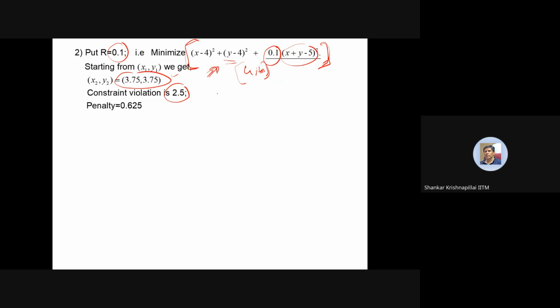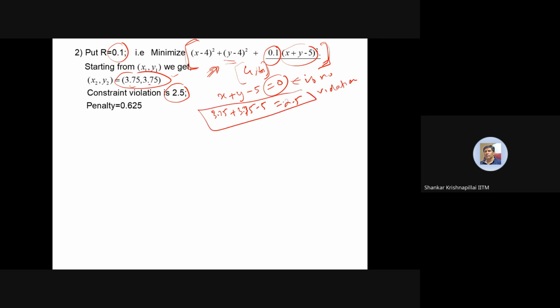How do you check the constraint violation? This is the equality constraint: x plus y minus 5. It must be equal to 0 if there is no violation. Let us substitute 3.75, 3.75: 3.75 plus 3.75 minus 5 gives 2.5.